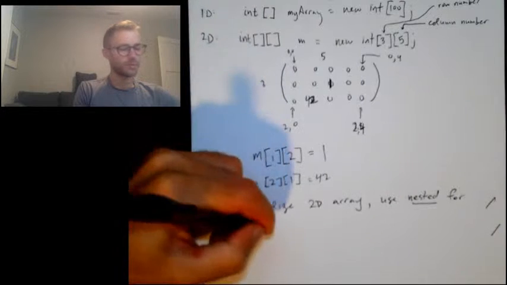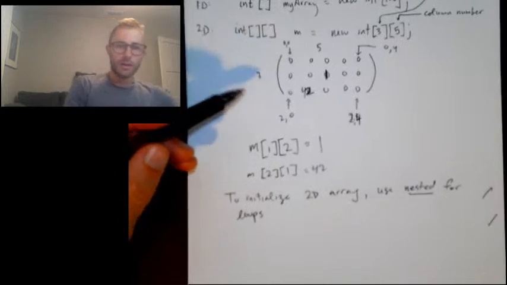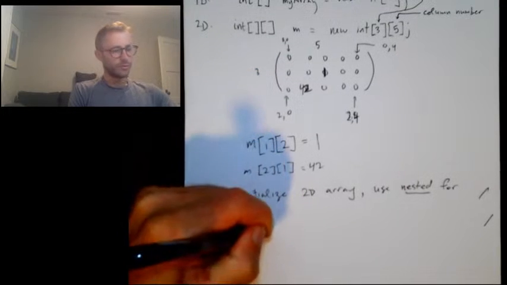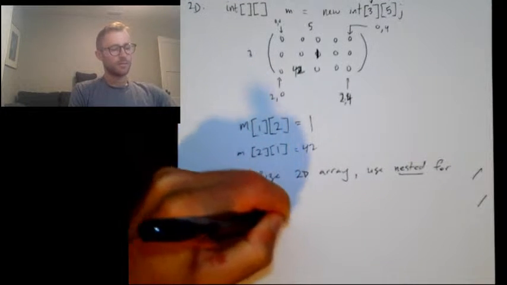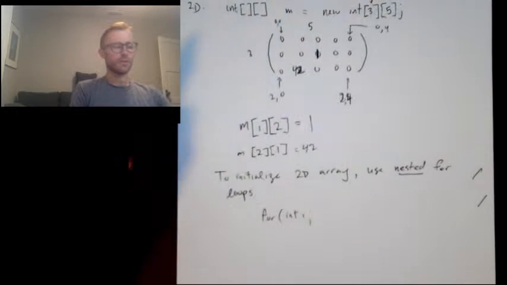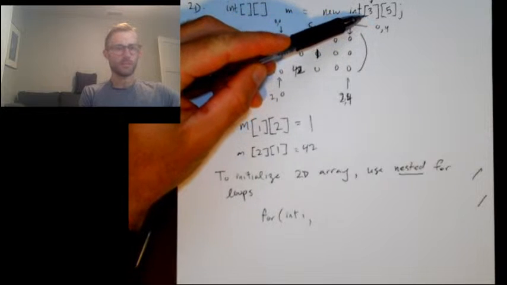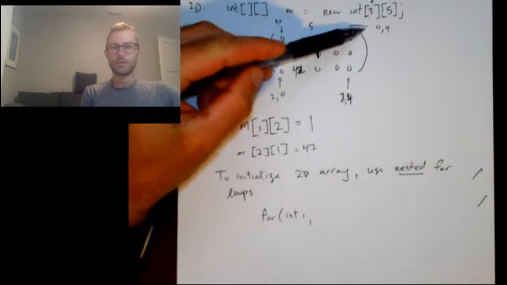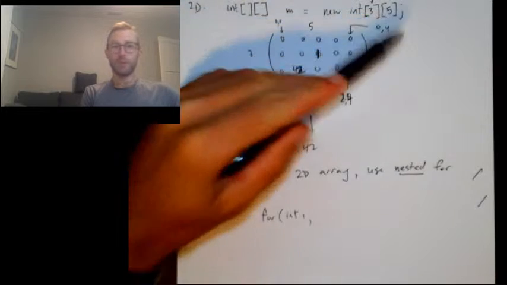Nested for loops. So basically, what you'll do is you'll do for, let's say int i, let's say I wanted to iterate all over this. So I wanted to initialize a 3x5 array.